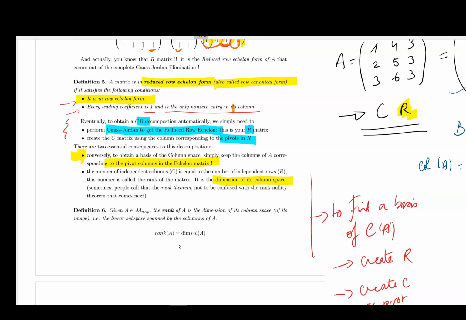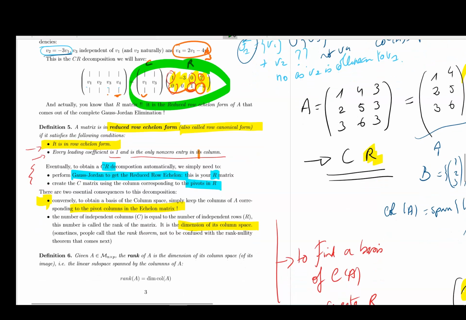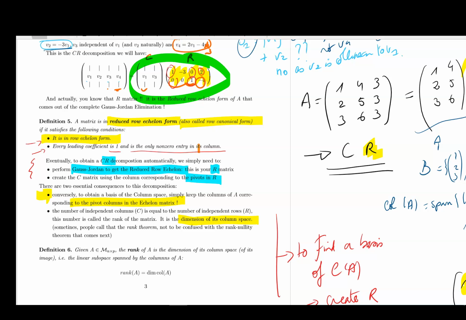And sometimes you will see that called the rank theorem, all right? Never mind. What is important here is that we have seen in the examples, and we could prove it more generally using these kinds of things, that the number of independent columns will be equal to the number of independent rows.